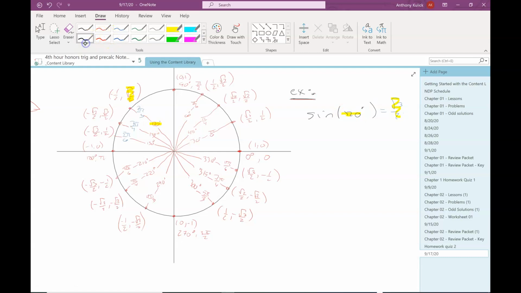If I wanted, say, tangent of 5 pi over 4, well, 5 pi over 4 is right here, and tangent is y over x, which is just 1.